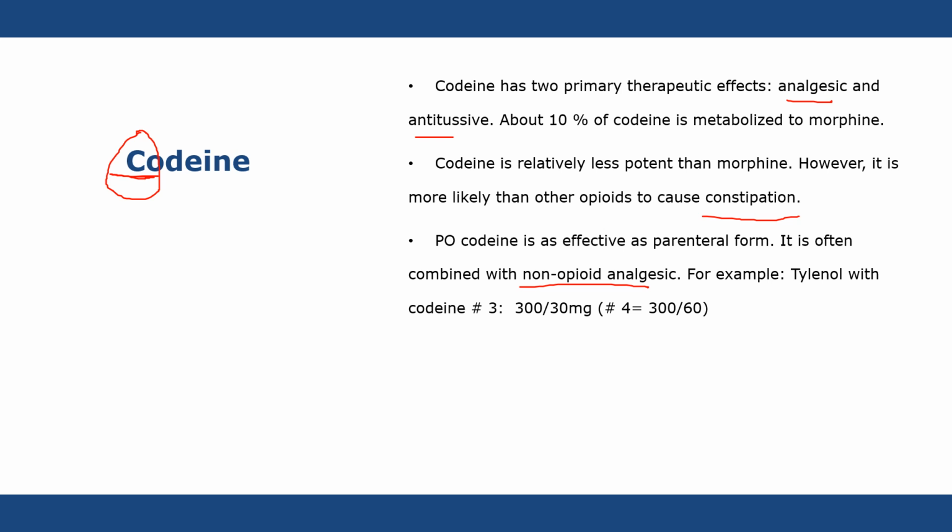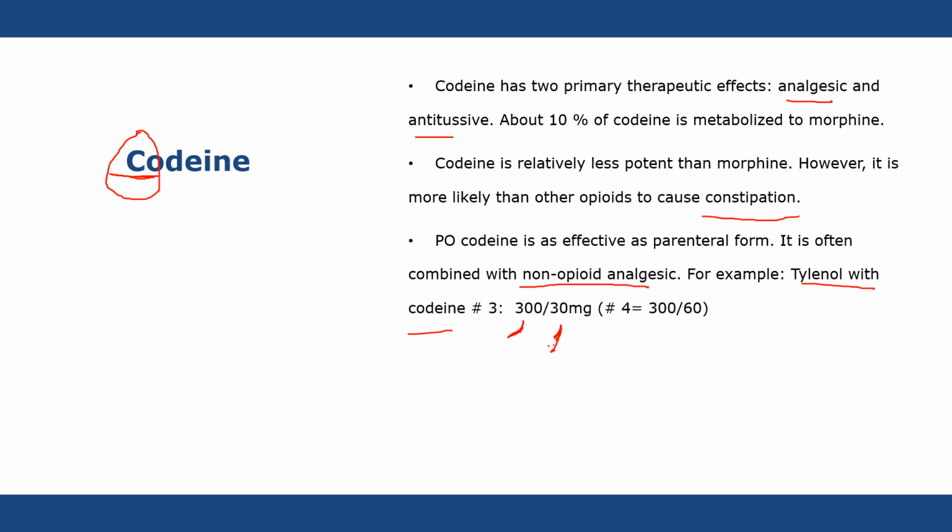We can combine acetaminophen or Tylenol with codeine. So we call that Tylenol number 3. Tylenol number 3 simply means that you have a Tylenol 300 milligram.